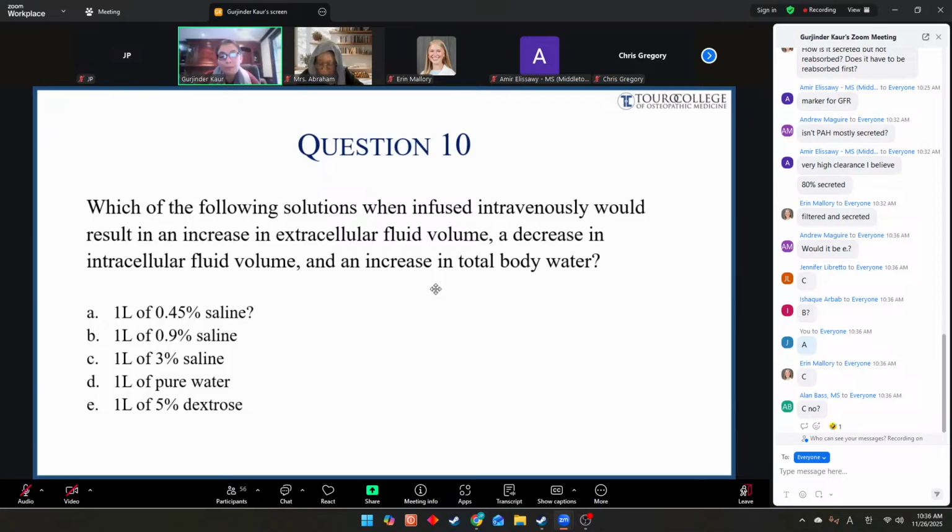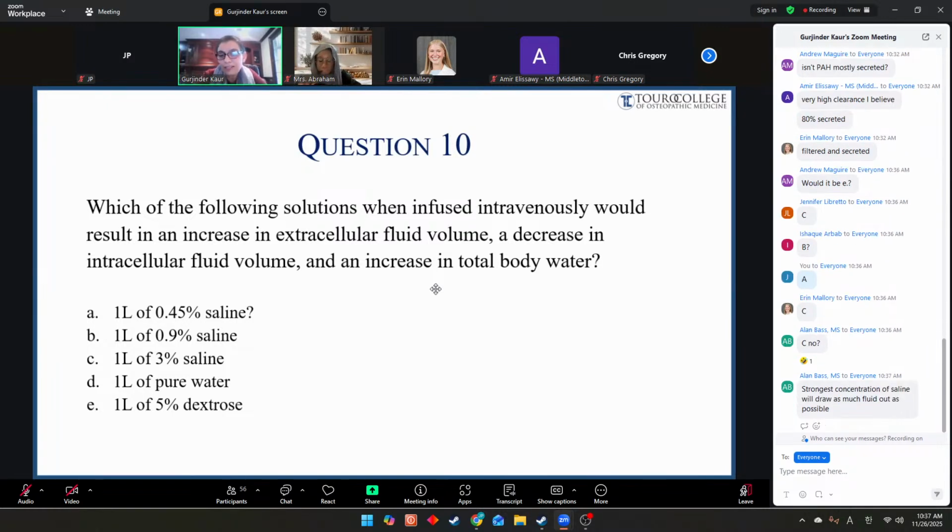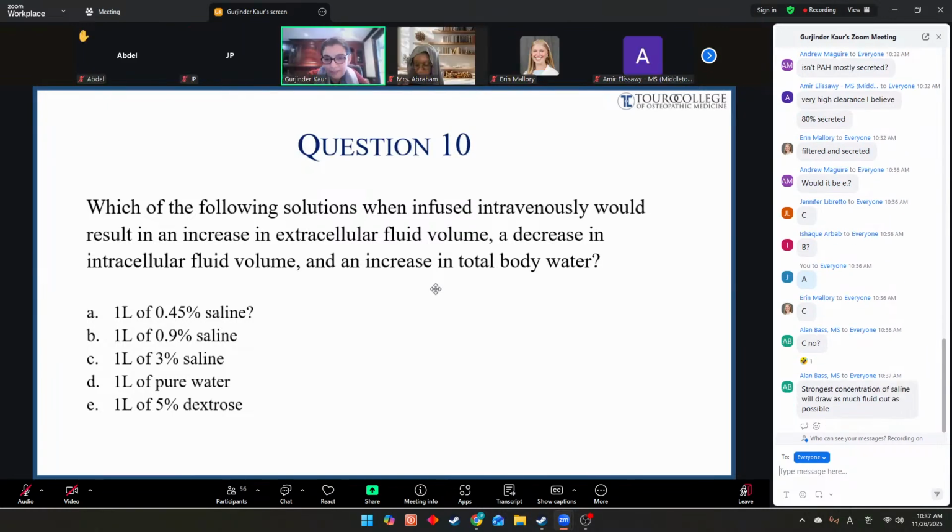How do you build up ECF volume? You decrease intracellular. That's another thing there in the stem. And overall, you are increasing total body water. Yes, Alan, beautiful. Abdel, go for it.